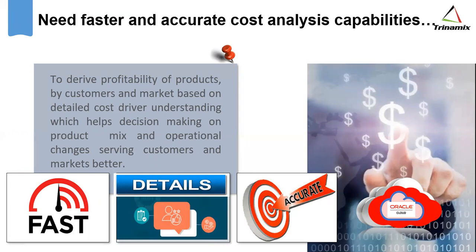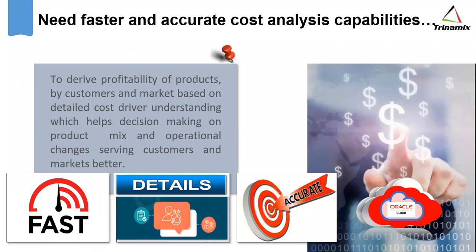So the driver in this case, the whole idea, is how we can get details, bottom-up information, and based on that roll-up, that analysis, we can make the judgment that the financial allocation and assumptions we made are substantiated by the supply chain, manufacturing and operation details, so that based on that information, we can make a very informed decision on how to price our products by brand, by customer, by market, and based on that, we drive the total product mix and operation strategies to serve our customer better.